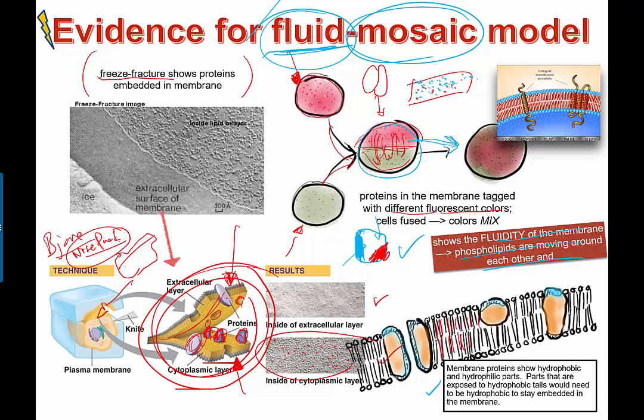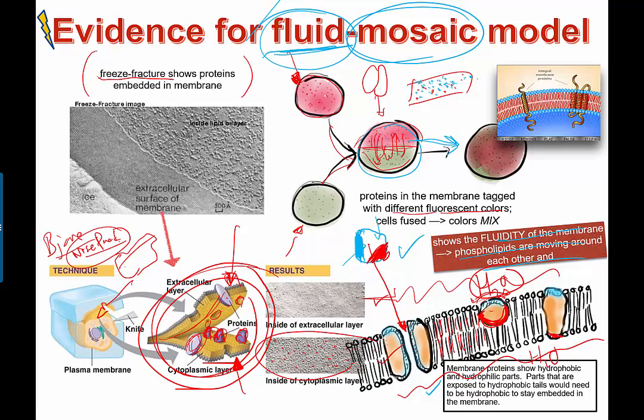That's why they face each other to get away from the water out here and the water inside the cell over here. So it makes sense, I guess, that some of these proteins, if they're going to live inside the membrane, then some parts of them have to like water and some parts of them have to not like water. So the parts that are sitting here touching the tails are actually hydrophobic, and the parts that are actually touching the outside or the surface are actually hydrophilic, because there's a lot of H2O out here and a lot of H2O inside here.